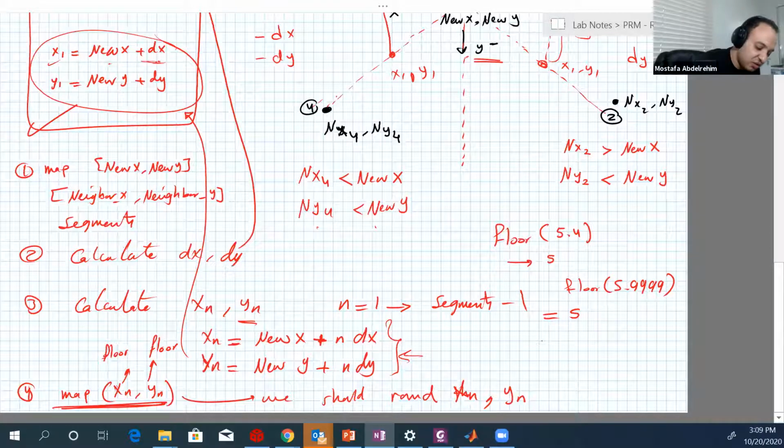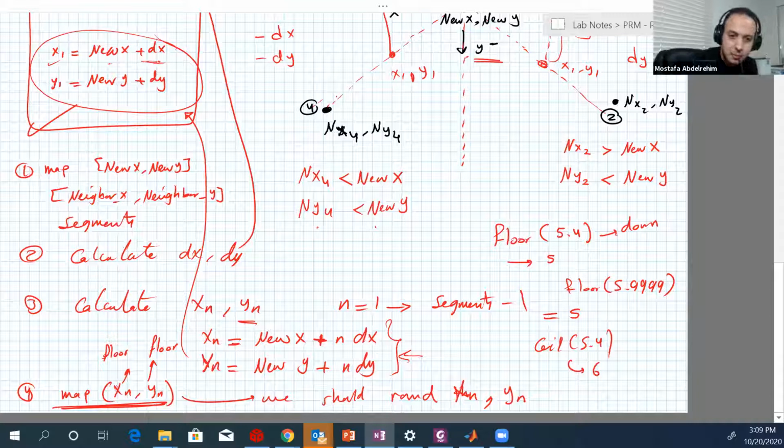Okay, ceil, as Dominic said, is always going up, so this will be 6. Okay. Round, there is a function called round, but I can't remember what. Let me check this.